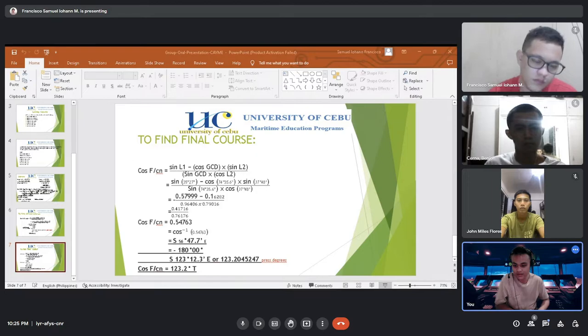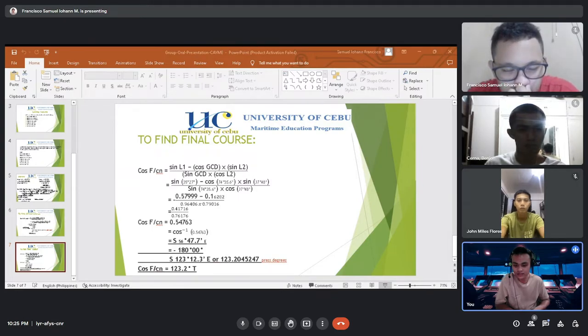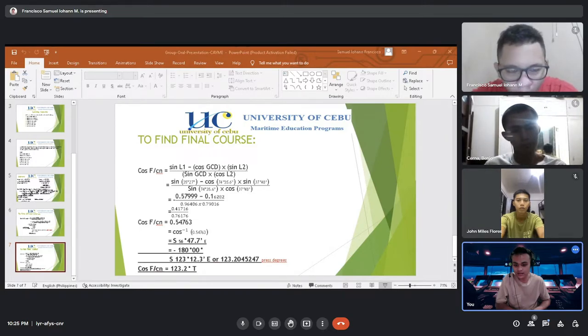So we have here 0.57999 for the sine 35 degrees 27 minutes, and then for the product of cosine 74 35.6 degrees and sine 37 degrees 48 minutes, we have 0.16282, and then over the values of sine 74 35.6 minutes and cosine 37 degrees 48 minutes, we have 0.96406 times 0.79016.